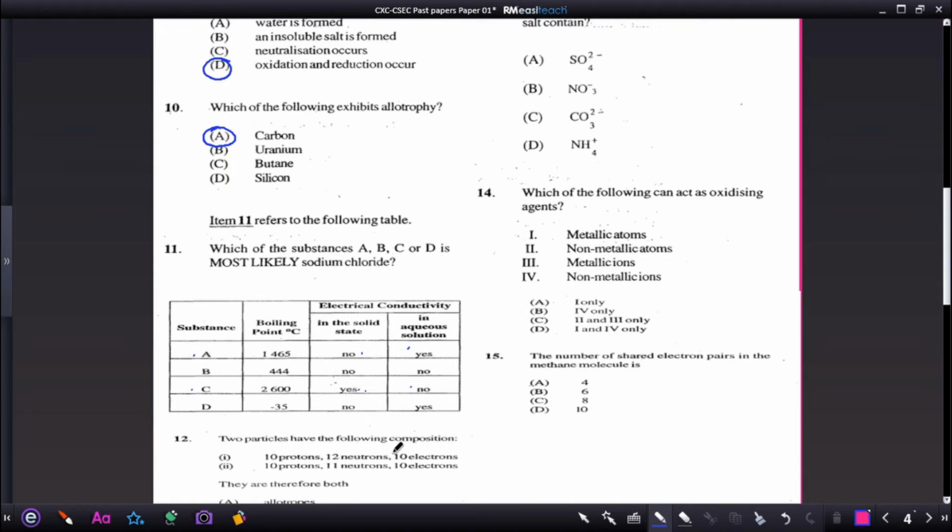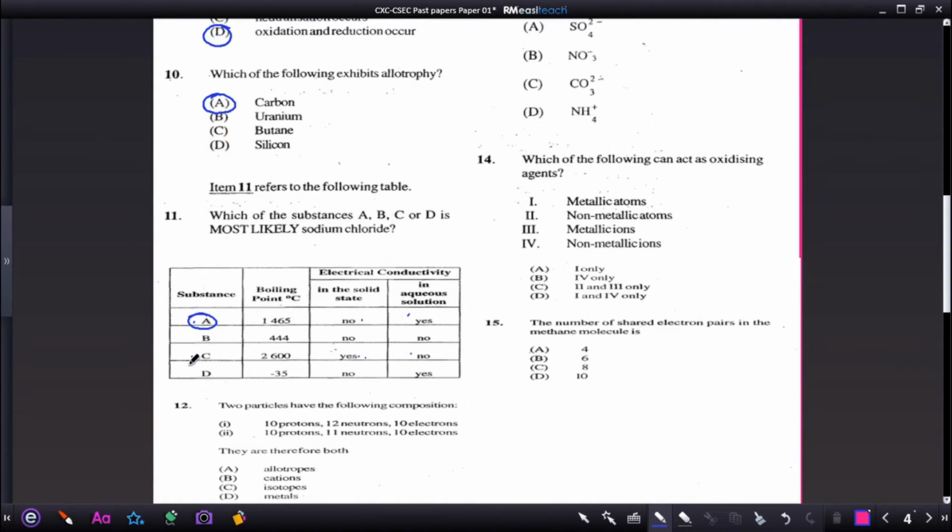So it's not C. More than likely C is graphite. I'm suspecting it to be graphite. And A conducts electricity in the aqueous solution. So it's A.